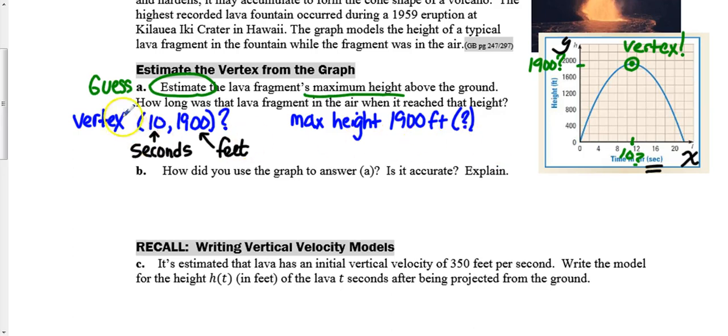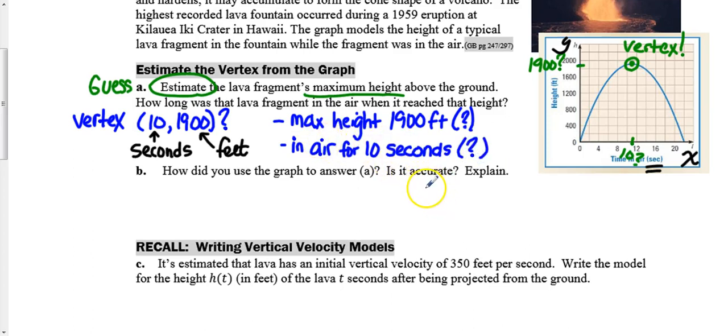How long was the lava fragment in the air? It was in the air for 10 seconds before it reached that height. And again, we'll put a question mark because that's an estimation.